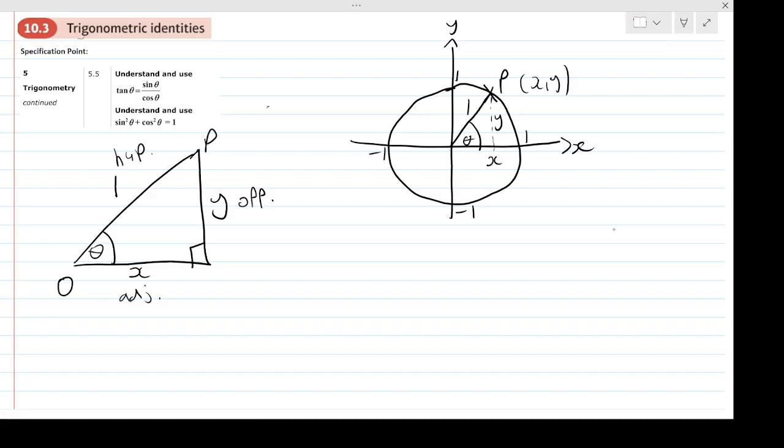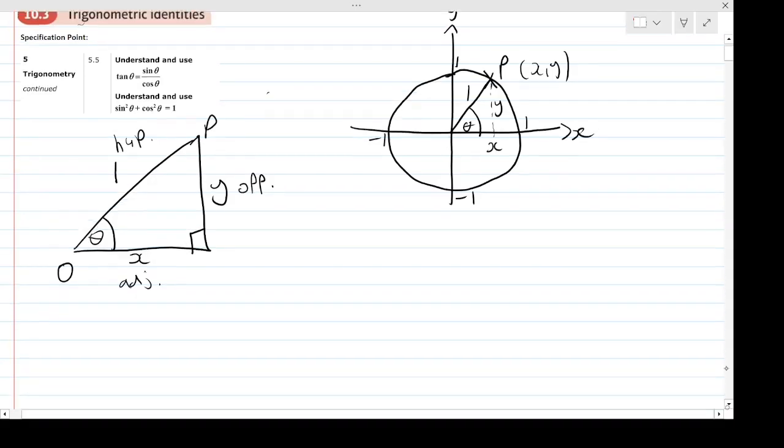But then we can use SOHCAHTOA to find x and y. So firstly, we can find the sine by using SOHCAHTOA. So opposite is y.